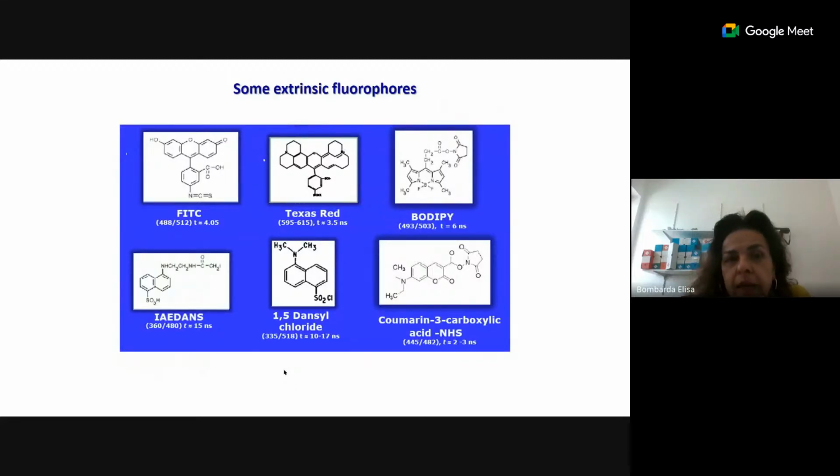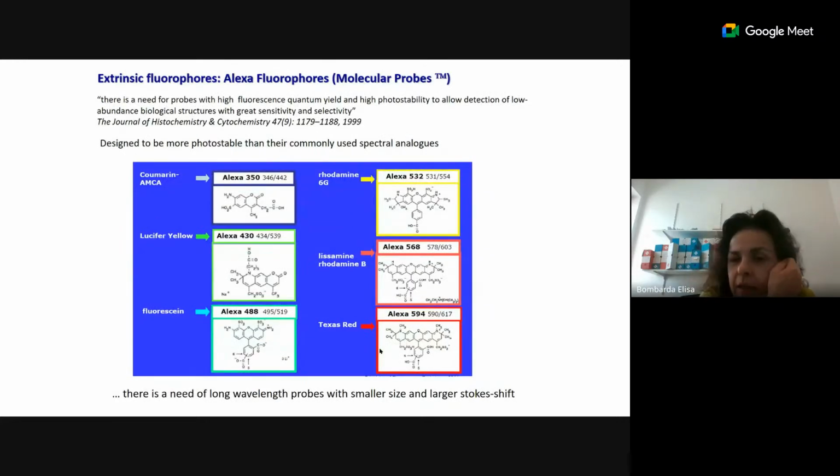And then there are all the extrinsic fluorophores. Here we have a lot of types of dyes, and that is just some examples of dyes that maybe you heard about already. More recently, even if now it is less and less recent, was the development of these Alexa dyes.